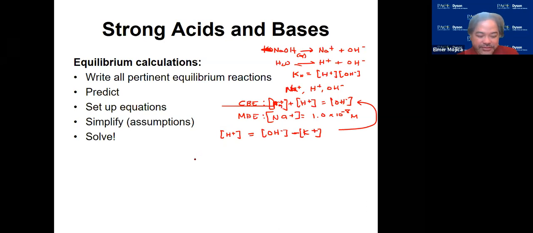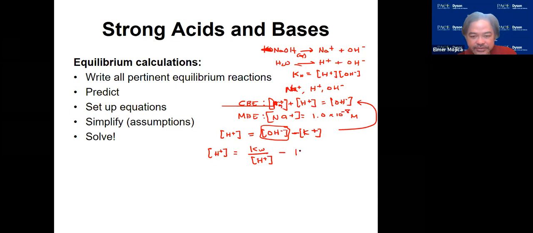Maybe I can replace OH minus with this equation: H plus equals Kw over H plus minus Na plus. I always use the K plus because that's the one that I used previous semester.